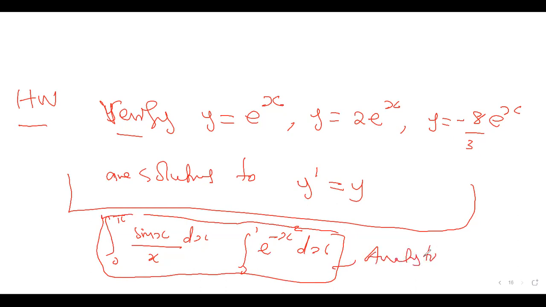I don't know. Is there a way you can find this solution by hand or analytically? But a computer can do it, or we can have numerical approaches to do it.